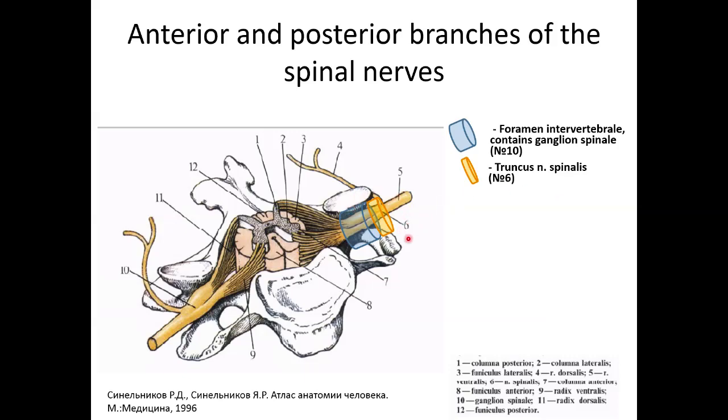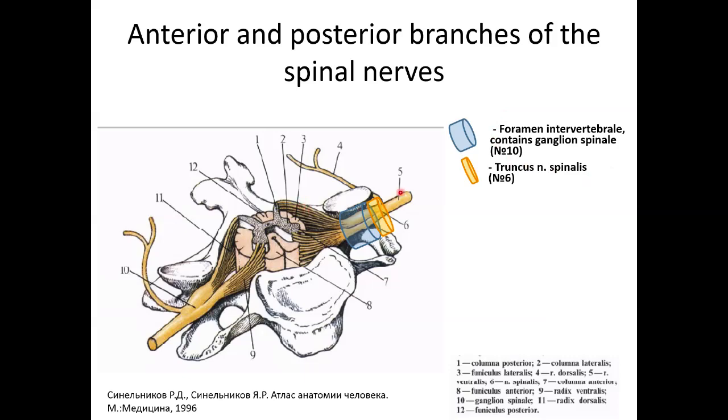So, truncus nervi spinalis, what is it? It's a result of connection of two radices, radix spinalis anterior and posterior, and it's a very short part of peripheral nervous system which is situated in foramen intervertebrale.